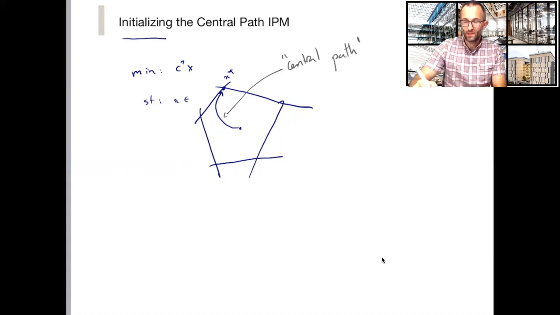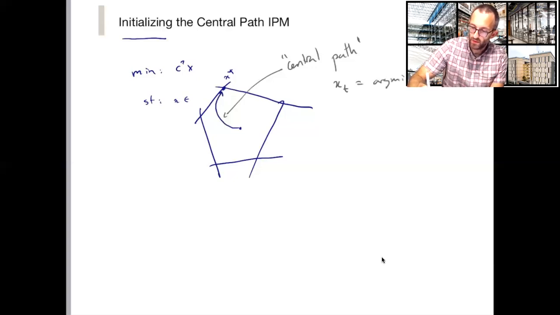And what this means is, xt is equal to the argmin of ft. So we need to get onto this central path. There's one cute idea which helps us do this, and all we need is a feasible point.